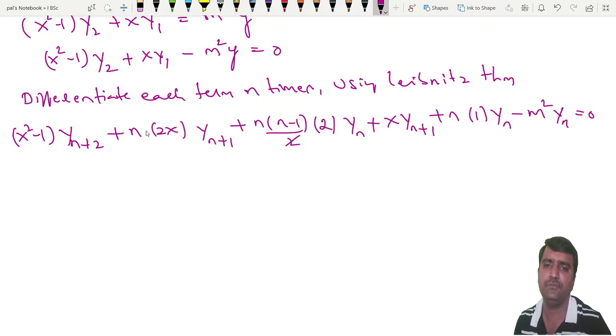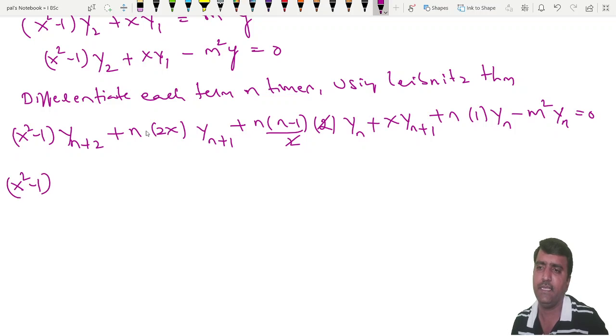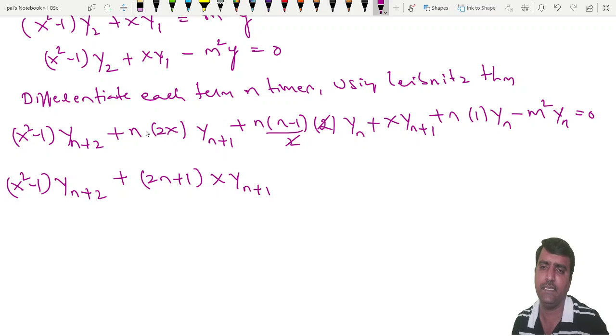Here this 2 cancels and simplifying, x square minus 1 into y(n+2) plus you take y(n+1) as common factor, and x is a common factor, so it is 2n plus 1 into x into y(n+1), plus next yn common factor, it is n square minus n, multiplying these two, plus n, minus m square into yn is equal to 0.